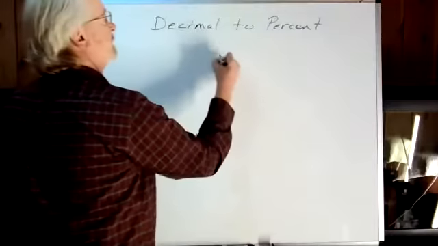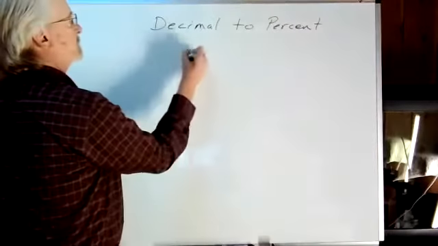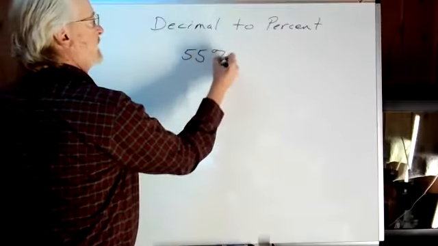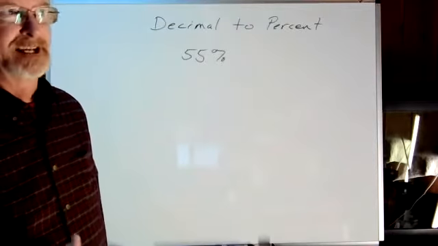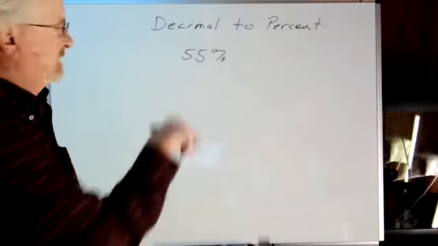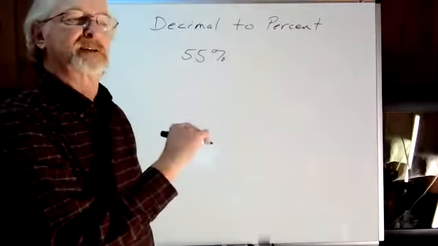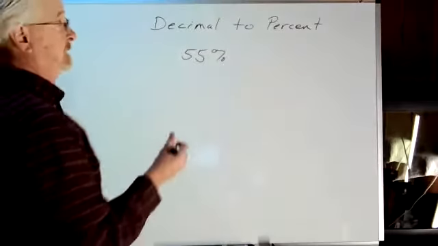So if I have a percent value and I want to translate it back into the corresponding decimal value, which we'll need to do in problems, we don't usually work with the percent in our equations. We turn it into the corresponding decimal.